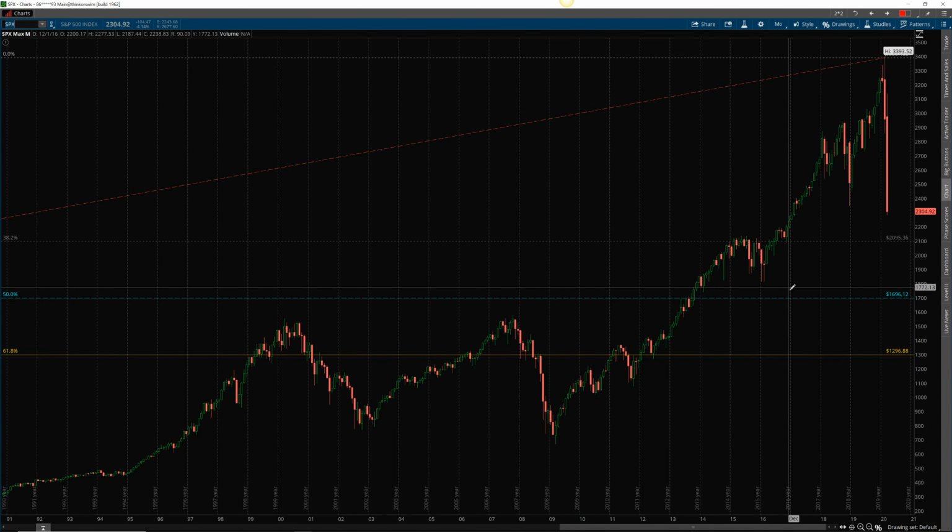Everybody with a Roth investment account that sees their wealth cut in half every 10 years, at what point when they get close to retirement do they just want their cash safe? They want it out of the market. That's a potential scenario. That's an opinion, but think about it.